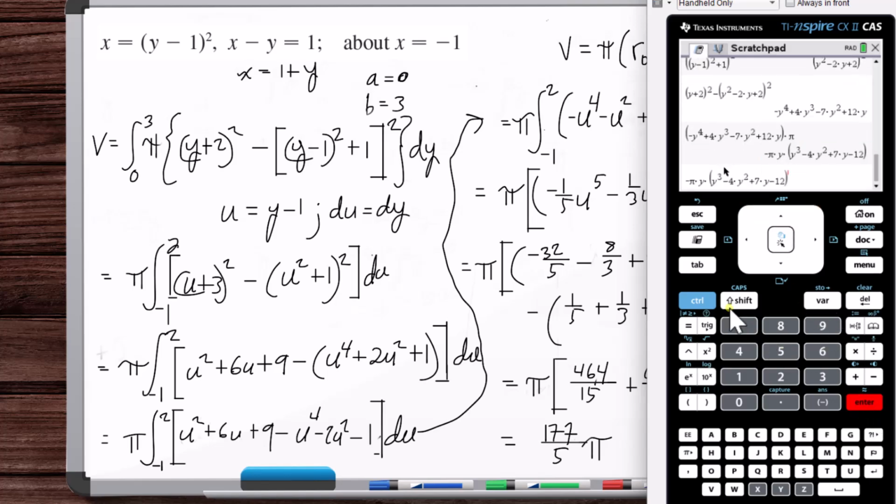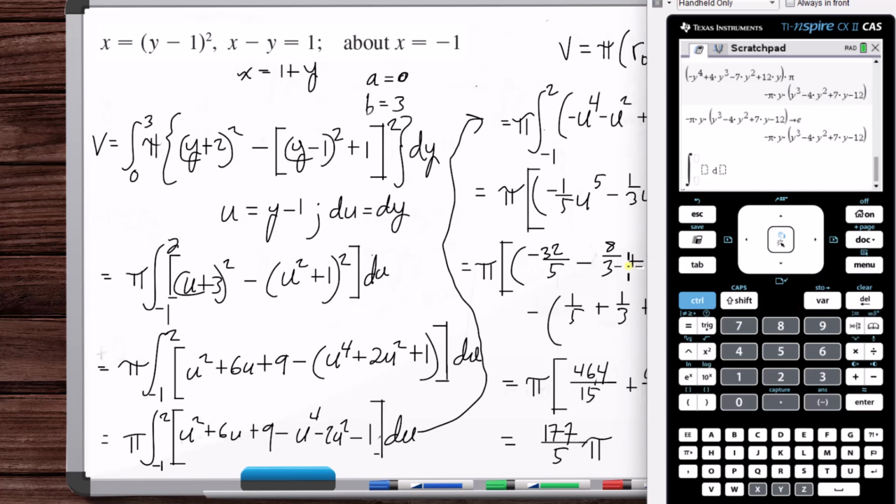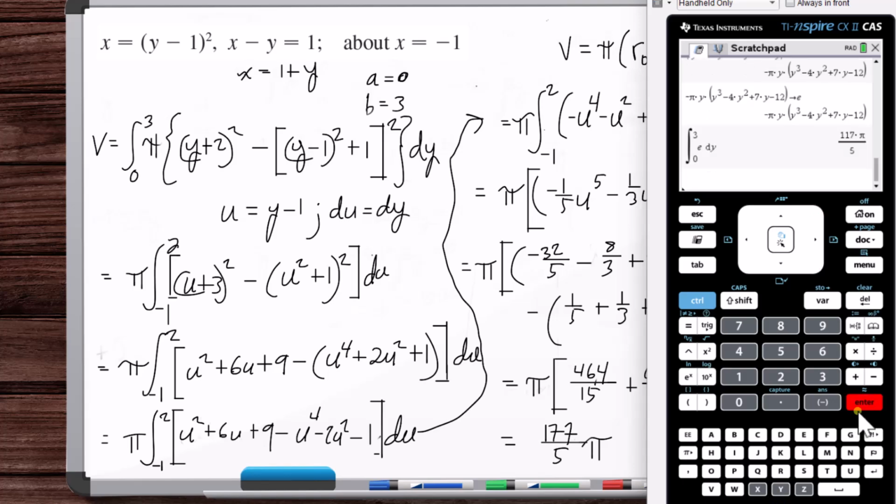Okay, store this as e. Now let's integrate from 0 to 3 e with respect to y. 117 pi over 5. Okay, so we've got the right integral.